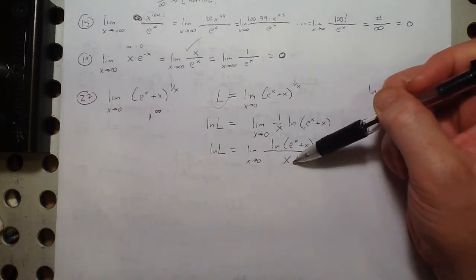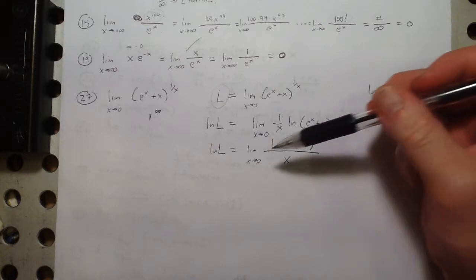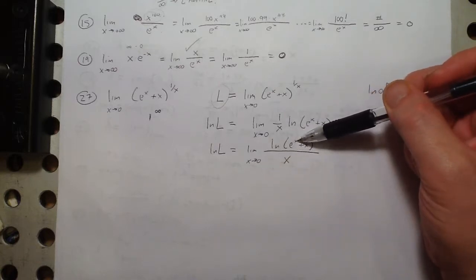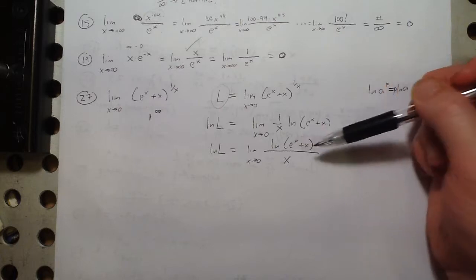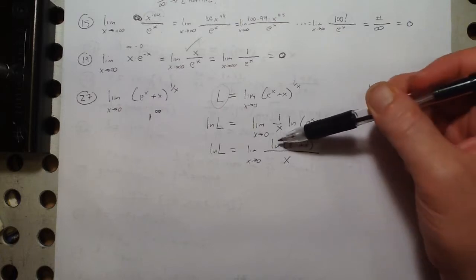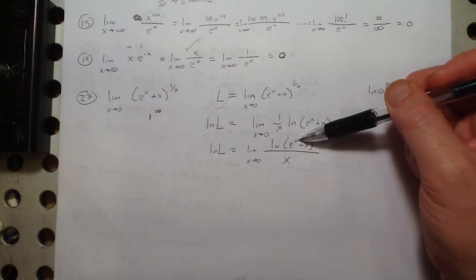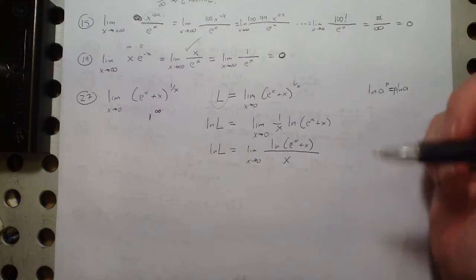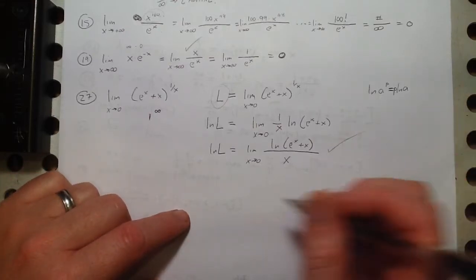On the bottom I have a 0 for sure, and then on the top I have the natural log of e to the 0, which is 1, plus 0. So this is a 1 on the inside. The natural log of 1 is 0. So this has turned it into a 0 over 0 form, which means I can now do L'Hopital's rule.